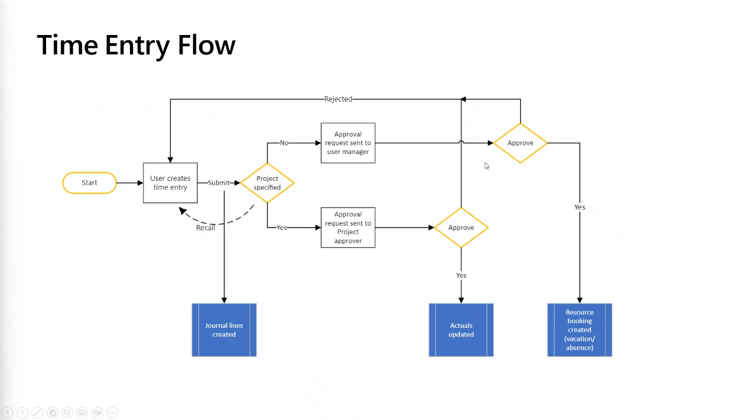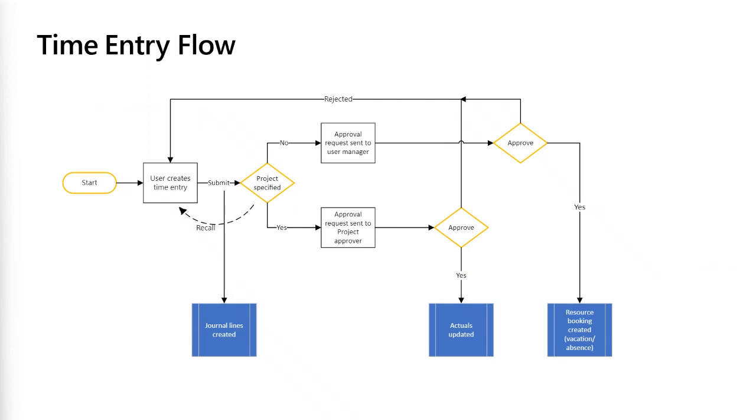If the project time is approved, actuals are created automatically. If the non-project time is approved, the booking will automatically get created in terms of vacations or absence. The user or the approver does have the option to reject. Once it's rejected, it automatically goes back to the submitted entry.